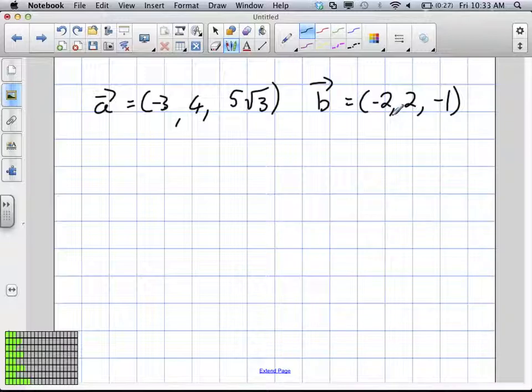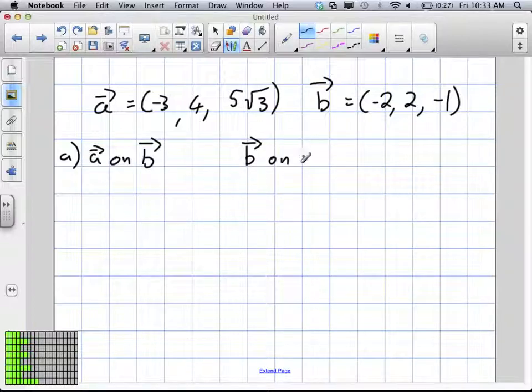And it says to calculate each of the following scalar projections. So the first one says a projection of A on B, and then they also want us to calculate a projection of B on A. Now these are scalar projections here. Okay. So we need to remember our formula when going through this.